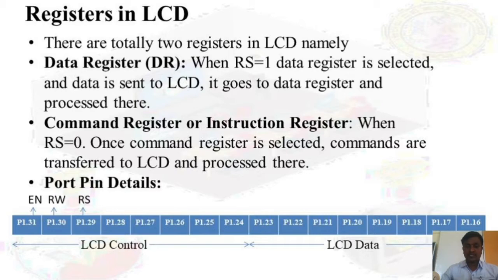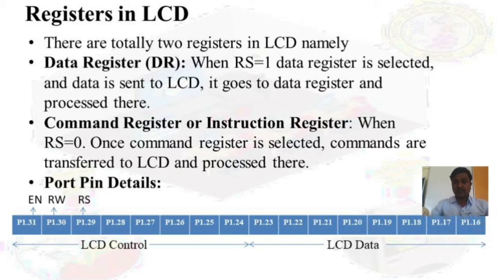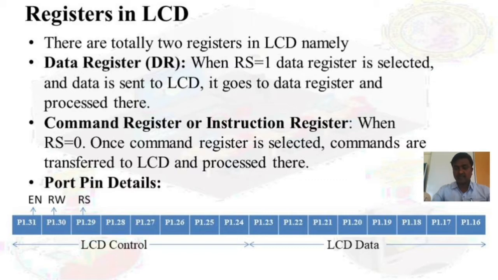Here the port pins have been shown in the diagram. We are going to use port 1, in which we use the port pins P1.16 to P1.31, that is a total of 16 pins, and pins P1.0 to P1.15 we are not going to use. Out of the 16 pins P1.16 to P1.31, 8 pins we are using as LCD data, and the remaining 8 pins as LCD control.